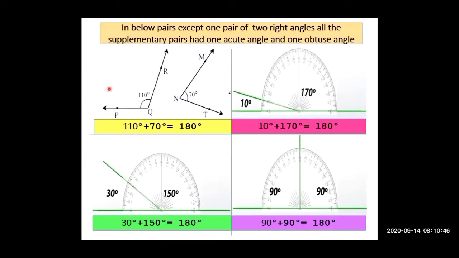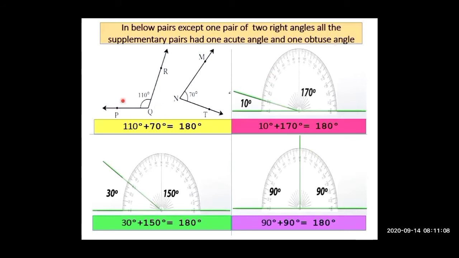So perhaps you notice the pairs in this list. In the pairs below, except one pair of two right angles, all the supplementary pairs had one acute angle and one obtuse angle.